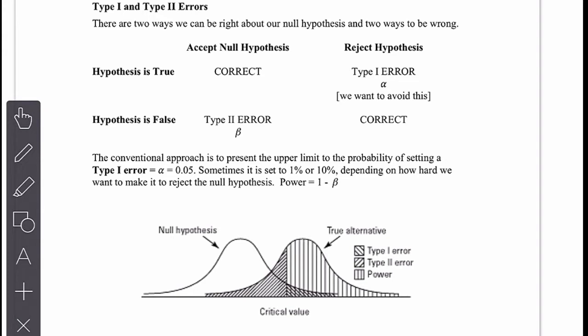And what we do when we do that is we create this distribution. It could be right, it could be wrong. The point is it's centered around what I'm looking for, the mean or the proportion. And that's really where I want to be.